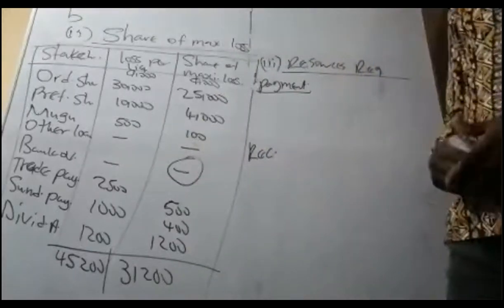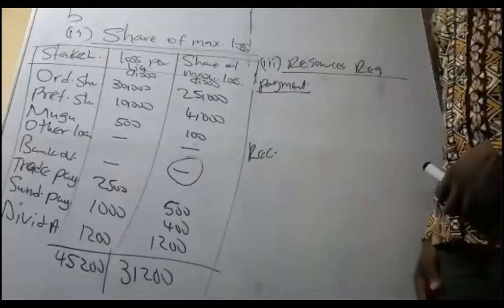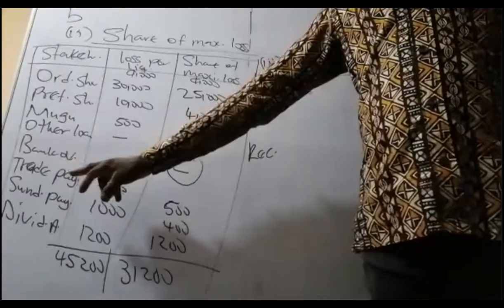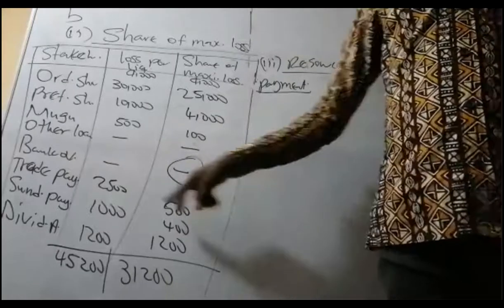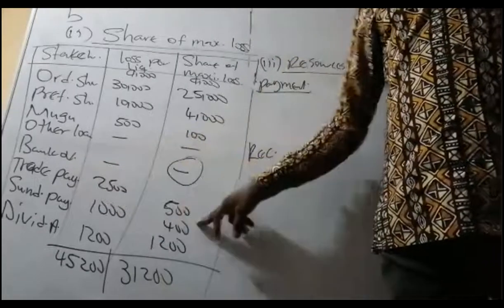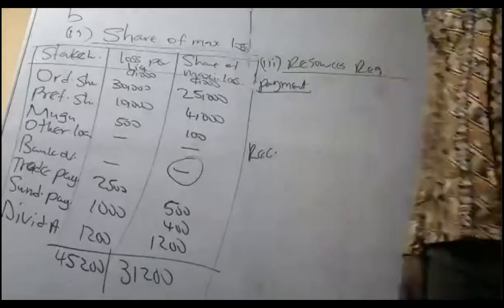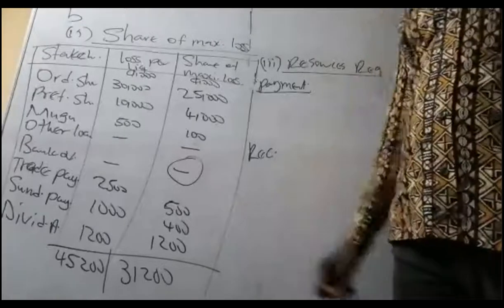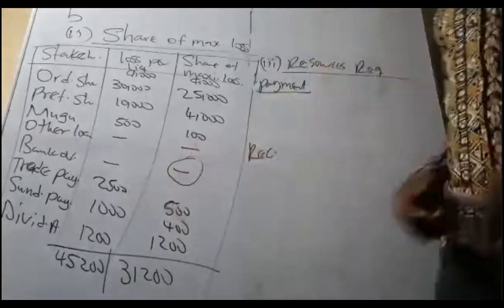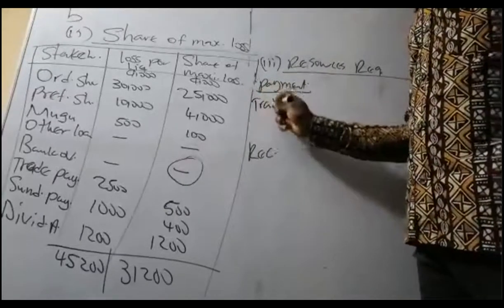But the trade payable, we said they should lose 500. Sundry payable, they should lose 400. So with the trade payable, they will lose 500 and we'll pay the remaining balance of 2,000.